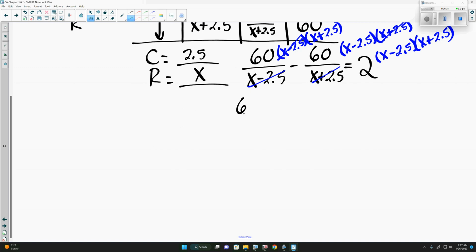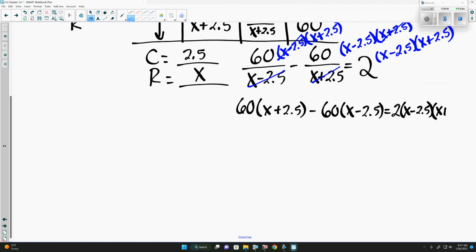Which leaves us with 60 times x plus 2.5 minus 60 times x minus 2.5 is equal to 2 times x minus 2.5 times x plus 2.5.